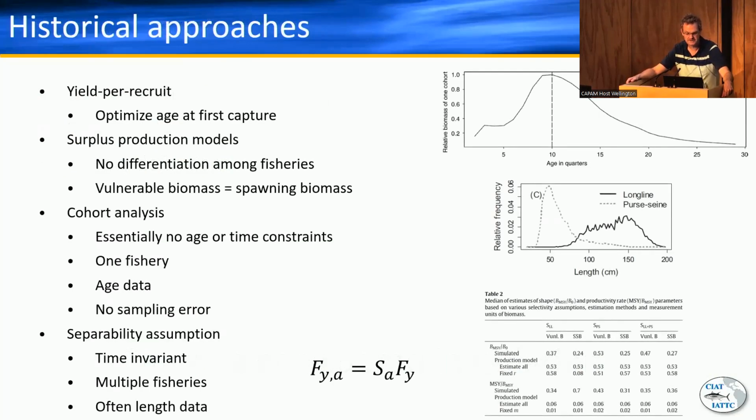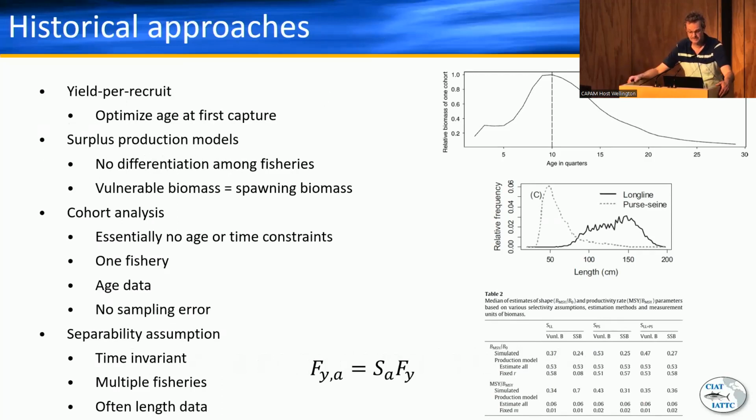So the first thing is just to flick through the different historical approaches that have been used for stock assessments and what they've implied for selectivity. Some of the initial yield per recruit work was basically looking at what the optimal age at entry into the fishery was, so that's looking at selectivity as a knife-edge type selectivity curve.